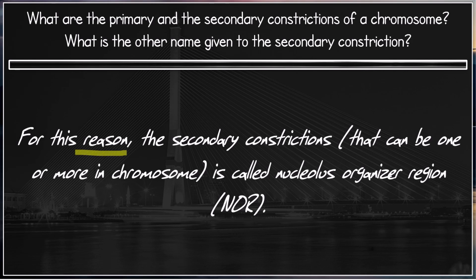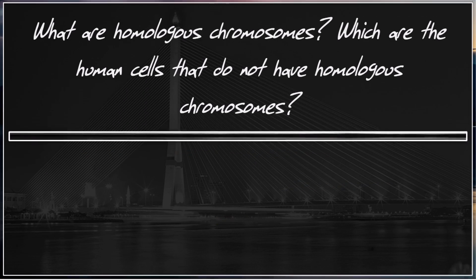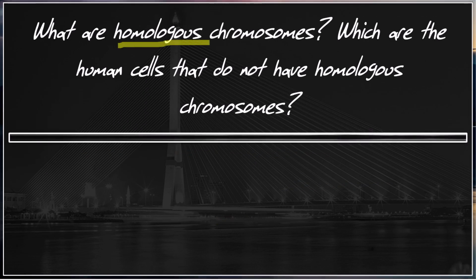For this reason, the secondary constriction, which can be one or more in a chromosome, is called the nucleolus organizer region, NOR. What are homologous chromosomes? Which are the human cells that do not have homologous chromosomes?